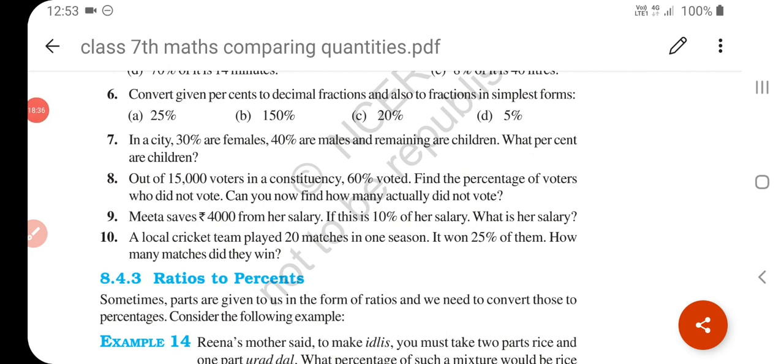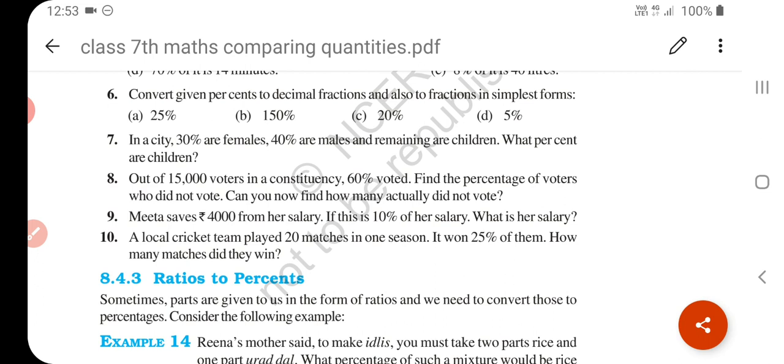Meeta saves rupees 400 from her salary. If this is 10% of her salary, what is her salary? See, you don't know her salary. How much is Meeta saving? 400 rupees. 400 rupees she saves, and 400 is 10% of her salary.